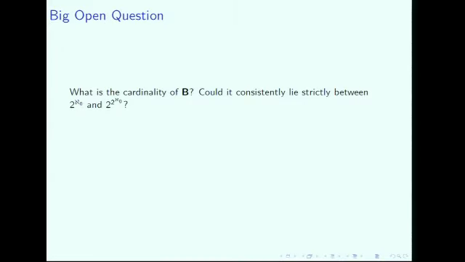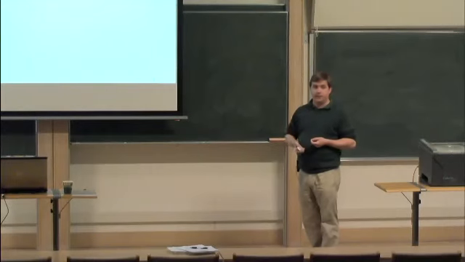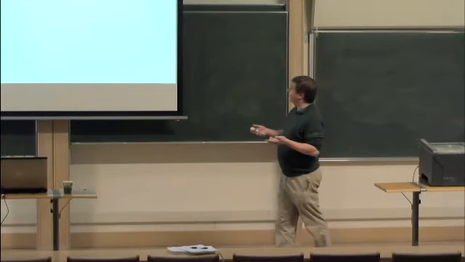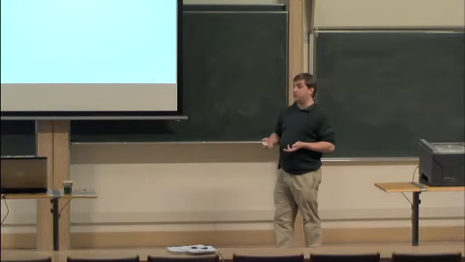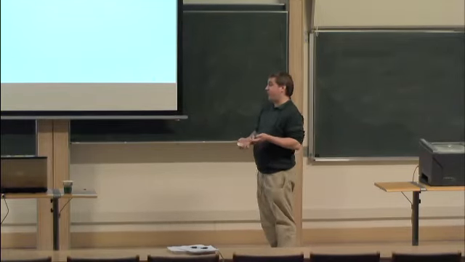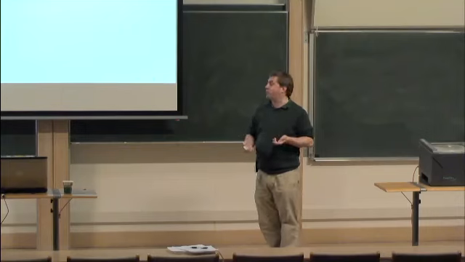Okay, so the really big open question in this area is what is actually the cardinality of this Bousfield lattice? Well, we've just shown that it's a complete lattice. What is the cardinality of this complete lattice? Could it consistently lie strictly between 2 to the aleph naught and 2 to the 2 to the aleph naught? Of course, as a set theorist, that's a natural question.